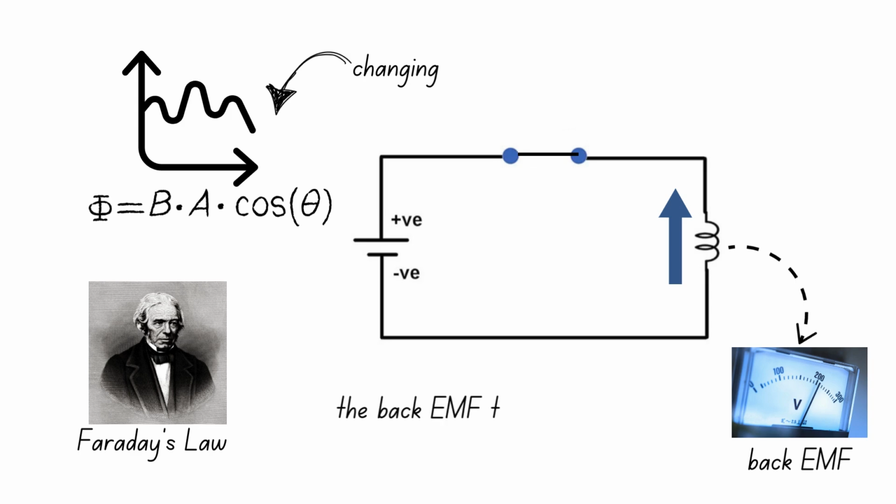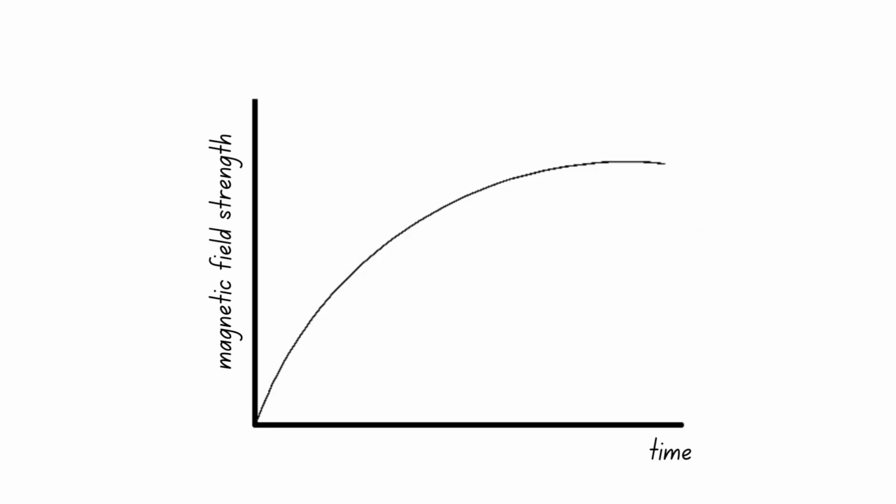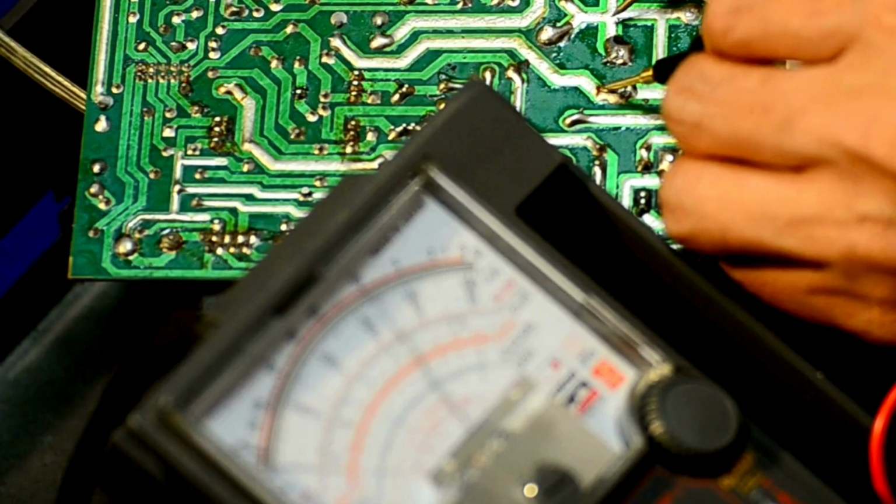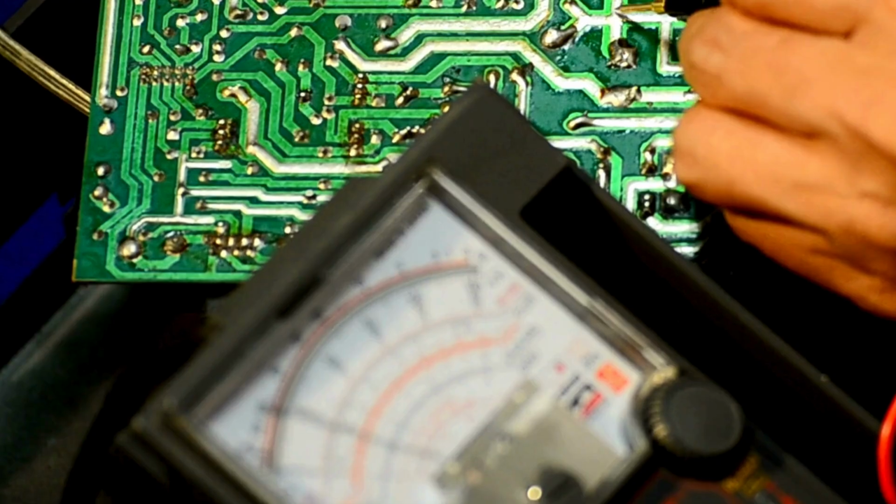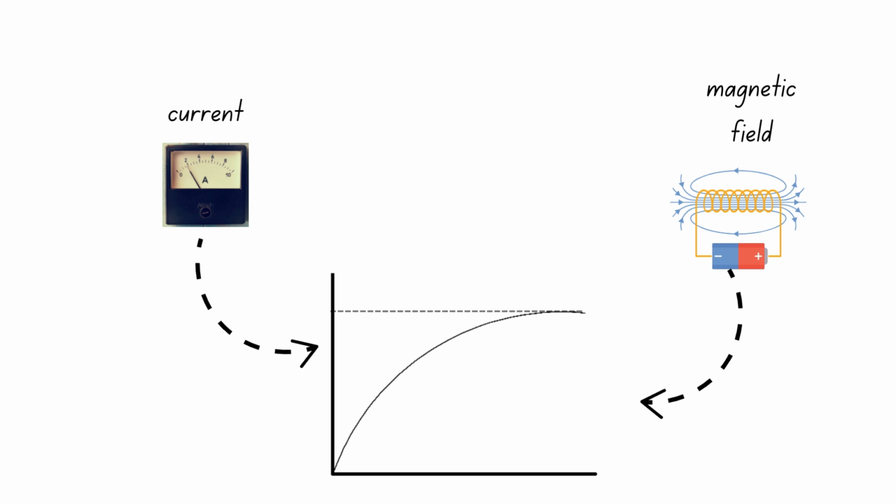The back EMF thus opposes the increasing current, causing it to increase at a continuously decreasing rate. This means that the magnetic field will also start to increase at a decreasing rate. Because of this decreasing rate of change of the field, the induced voltage also decreases until it reaches 0, which happens when the current and magnetic field are now at their maximum values and are no longer changing.